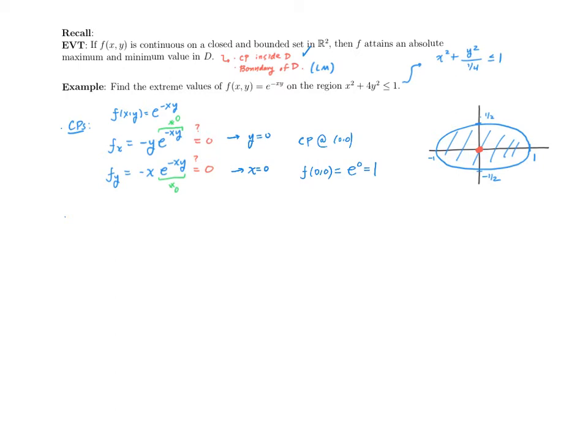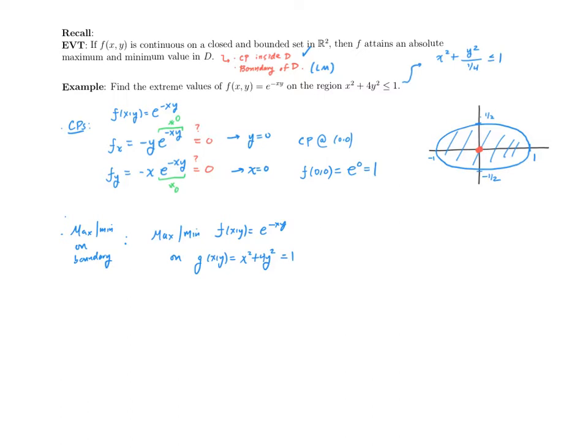The second is to now maximize and minimize the function f on the boundary. Notice what that is really asking us to do: maximize or minimize the function of two variables subject to the constraint g of x, y equals x squared plus 4y squared equals 1.